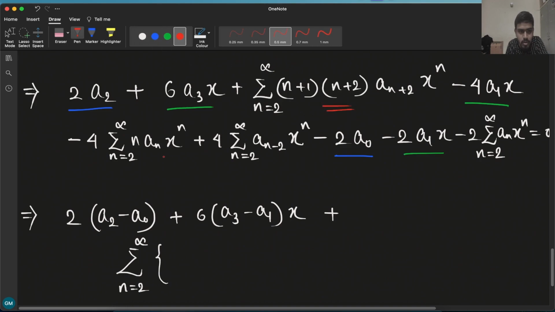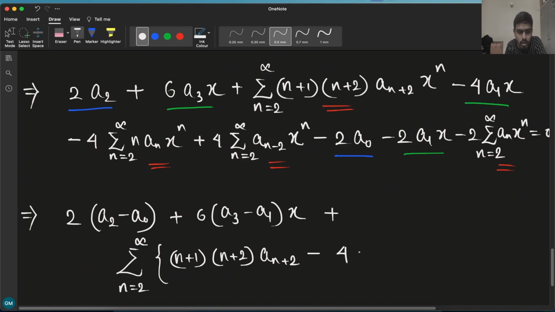So this term, this term, this term, and this term. What we are left with is n plus 1, n plus 2, a of n plus 2, minus 4n plus 2 times a n. I am combining these two terms, taking a n common: this minus 2 is coming from here, and this minus 4n from this term.